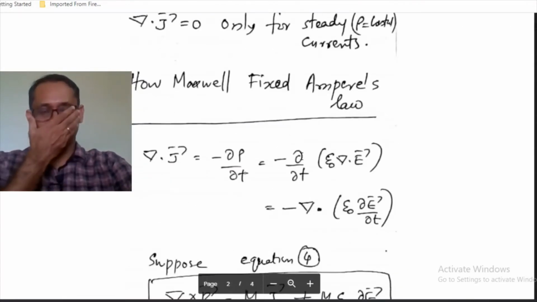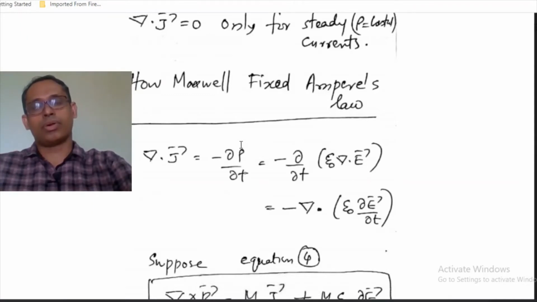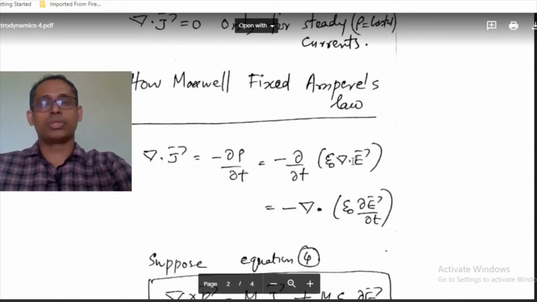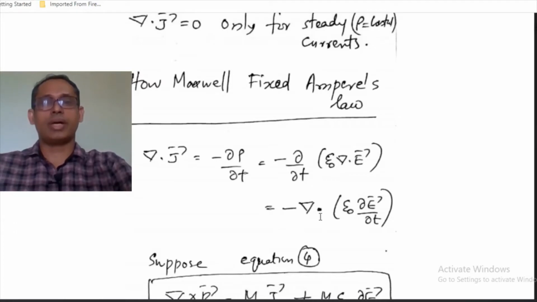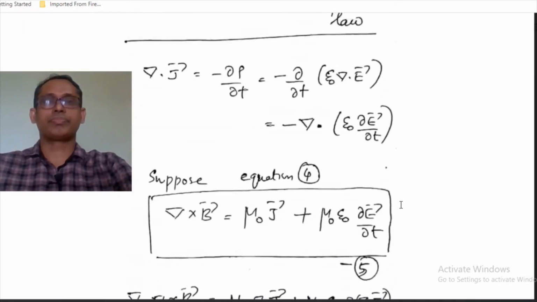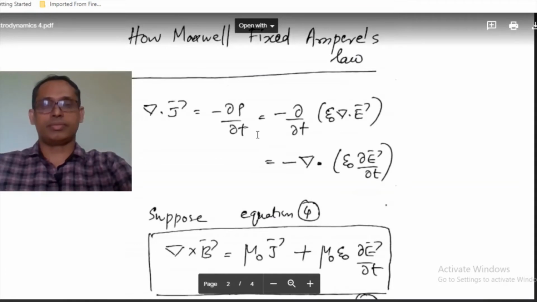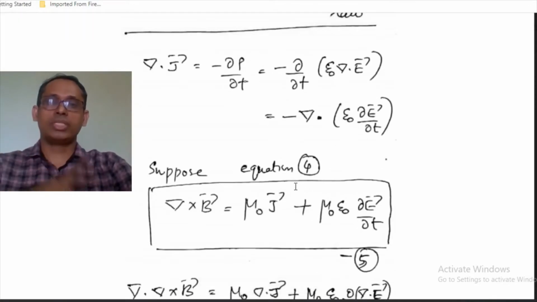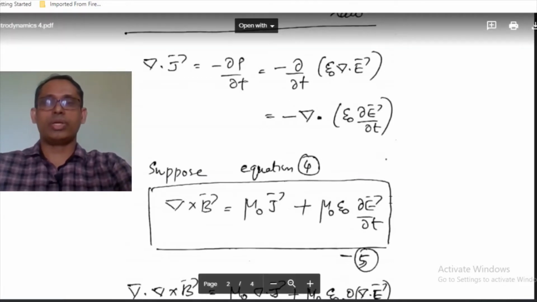So he substituted for rho as epsilon 0 del dot E. So minus dou by dou t of epsilon 0 del dot E, which is minus del dot epsilon 0 dou E by dou t. Okay, I can take del outside. So minus del dot epsilon 0 dou E by dou t. Okay, so del dot J is equal to minus del dot epsilon 0 dou E by dou t.